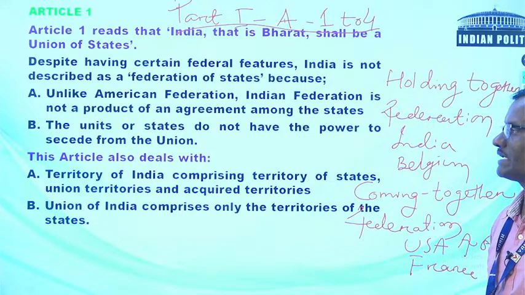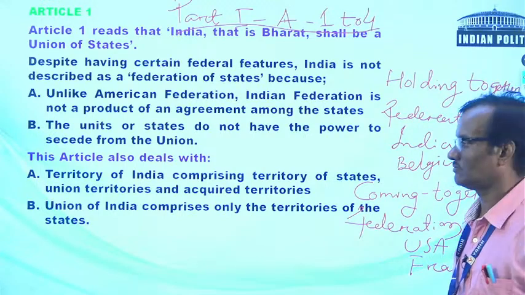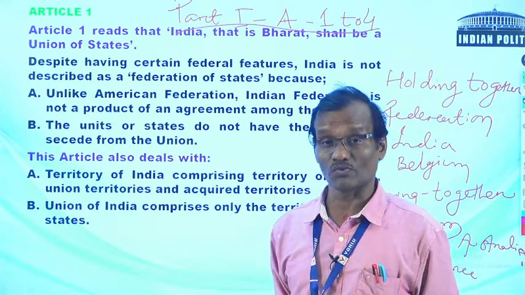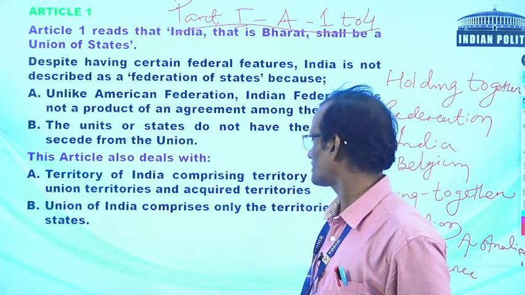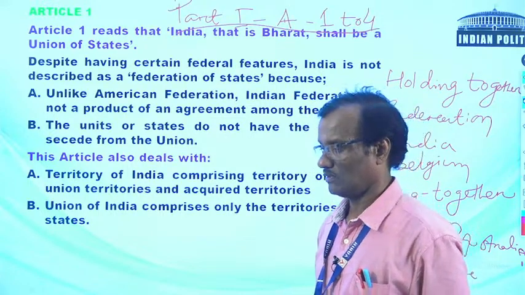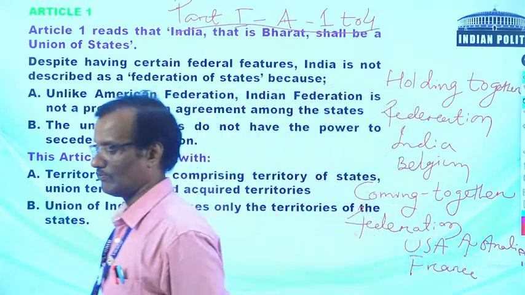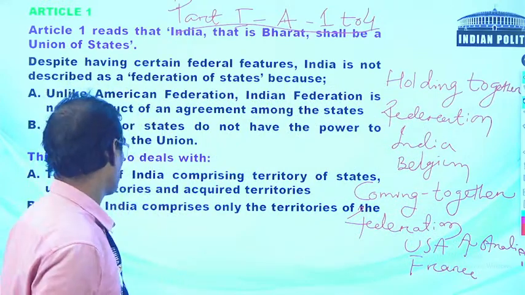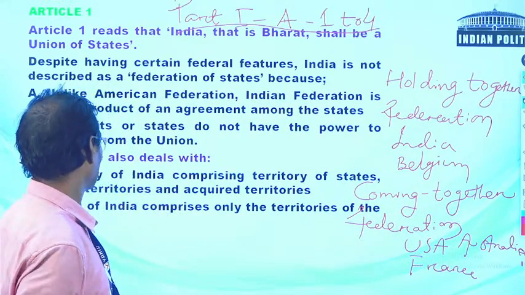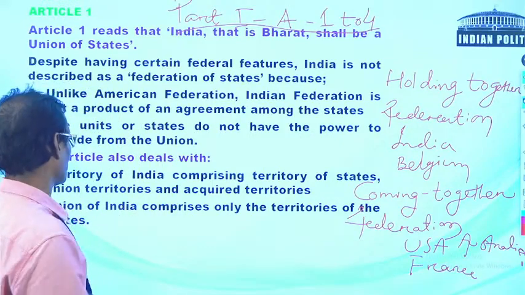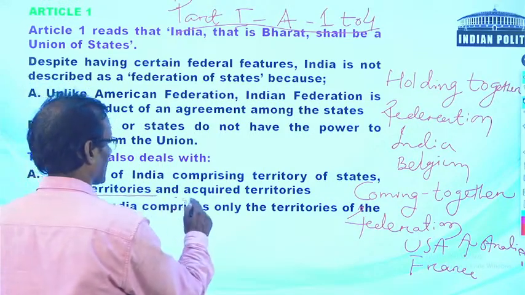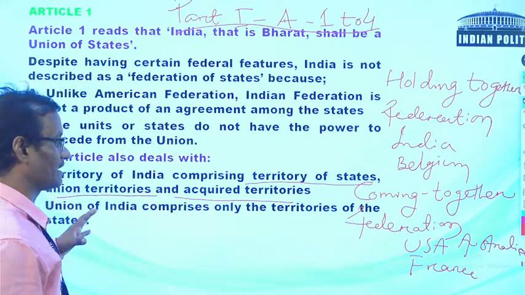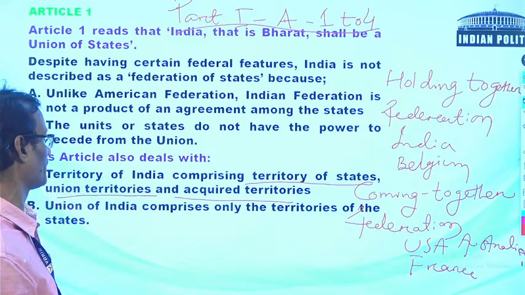In article 1, clause 1, there is a mention of Union of India, and in clause 2, mention of territory of India. Territory of India comprises the territory of the states, union territories and acquired territories. The entire geographical territory of India is called territory of India.